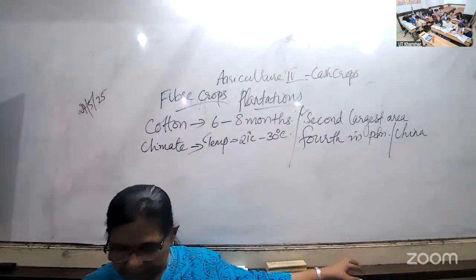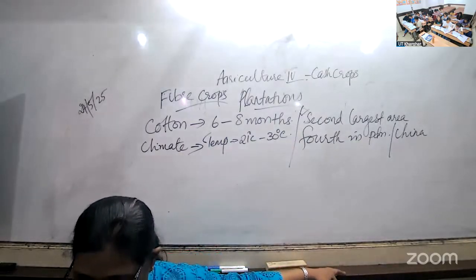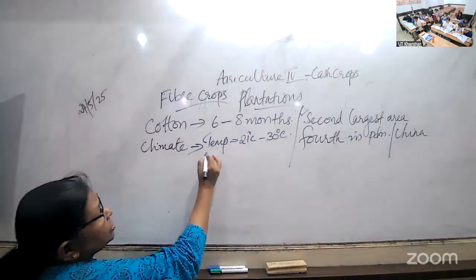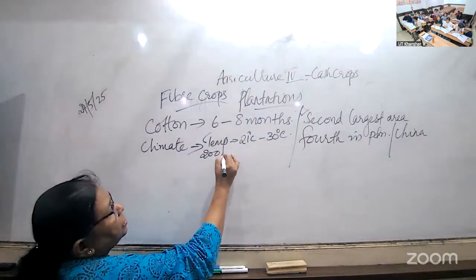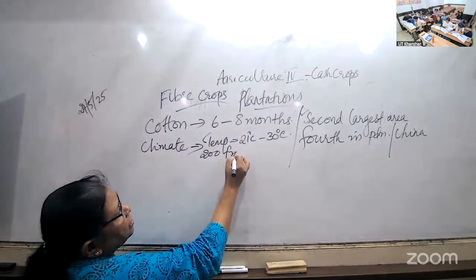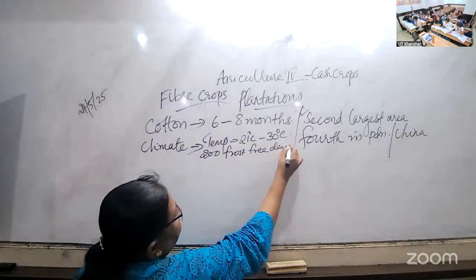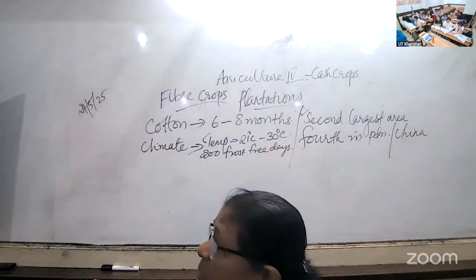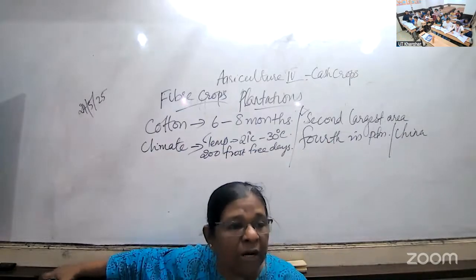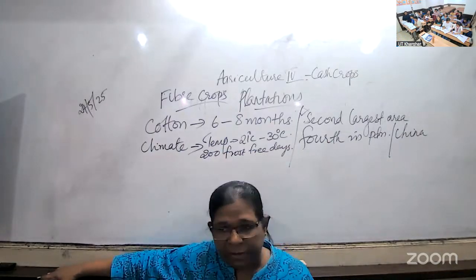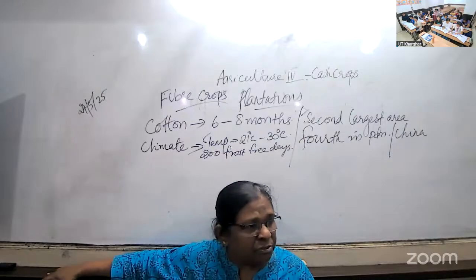Then, one most important feature is 200 frost-free days. That is very much compulsory. What is frost?